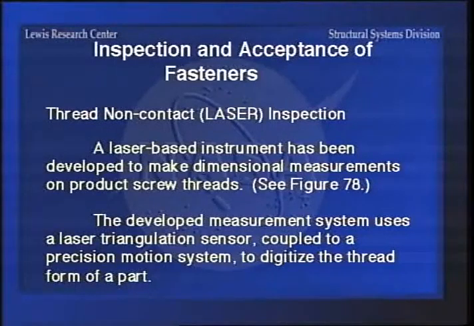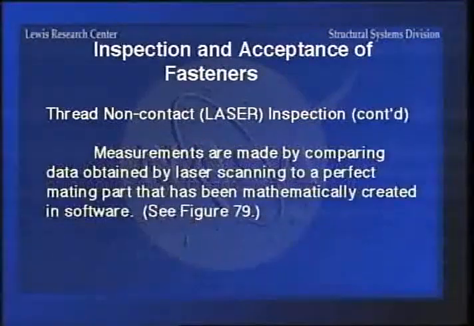It uses laser triangulation sensors and a motion sensor to digitize the thread form, and it's a non-contact method. You're using a laser beam. The measurements are made by comparing the data obtained by laser scanning the thread to a perfect mating part that has been mathematically created in software.